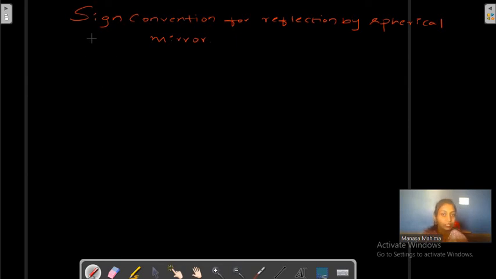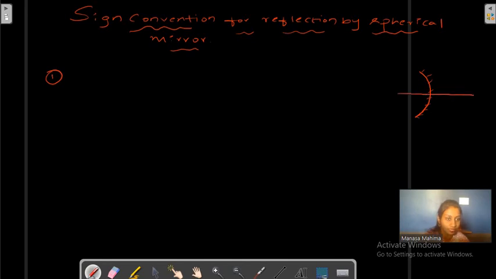First, if we want to study this, we need to follow some rules. What are the rules which we need to follow while studying the reflection by spherical mirrors? What is the first rule? As we know, when we are talking about any spherical mirror, if you take a concave mirror, you will see the pole here.